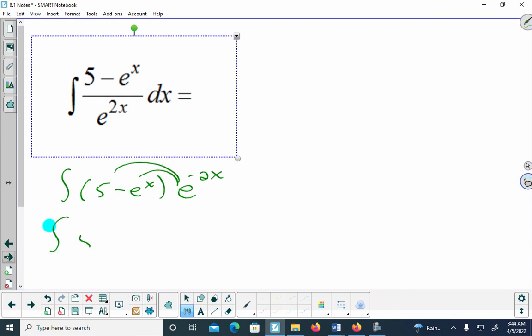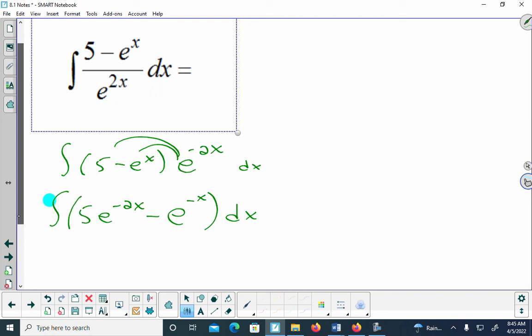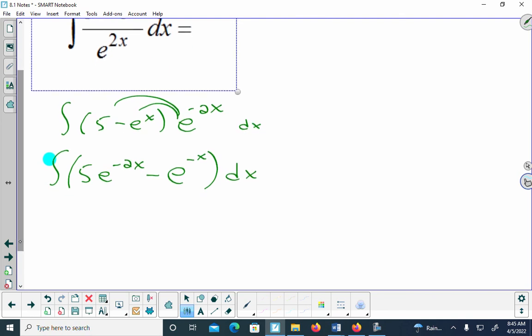So I'm going to have 5e to the negative 2x minus e, and when I multiply, I add exponents. So this is going to be negative x. And I'm going to take the derivative, so I want to do dx there. And when I do that, I am going to separate it term by term.